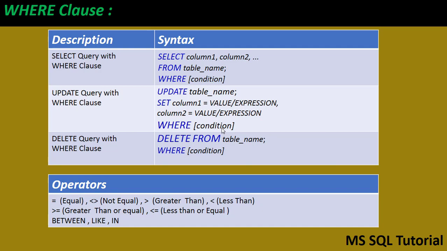I'm going to set column1 with some value and column2 with some value, and I want to update only where the condition is satisfied. So be careful while updating. You have to use a WHERE condition, or else all the values will change.